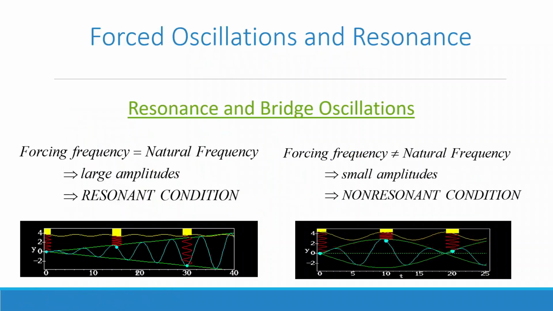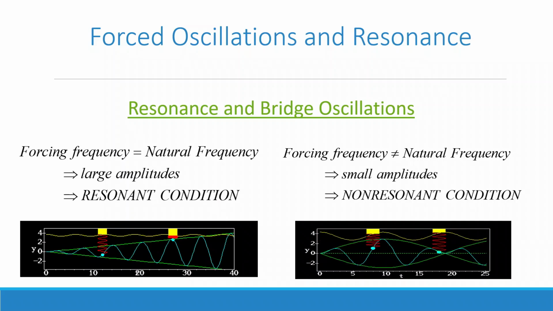Now, there are some other cool things that result from all of this. Just like we can have damping that reduces the amplitude of an oscillation, we can create situations in which the oscillations can feed and create a larger amplitude.